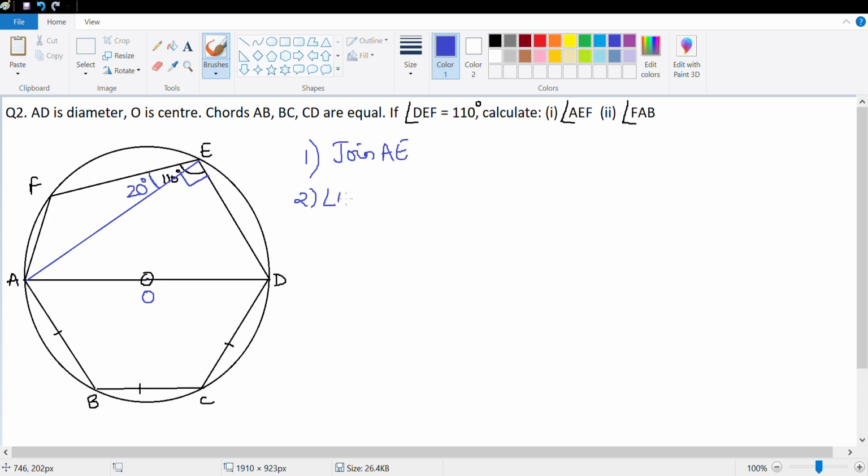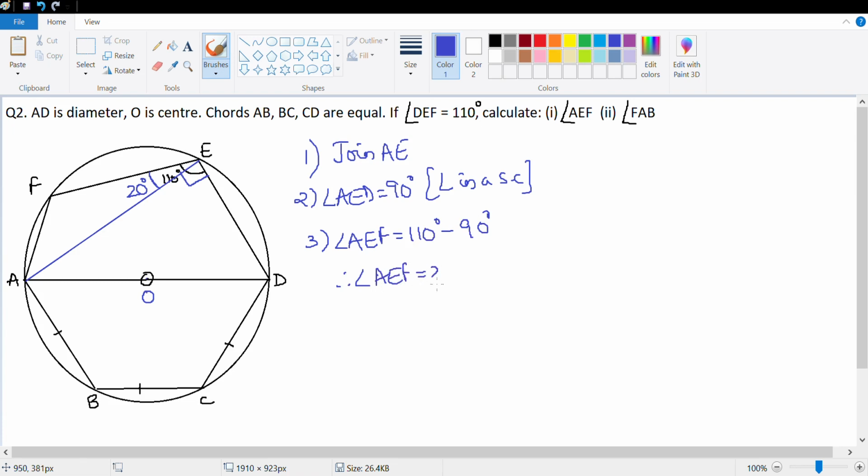Next, angle AED is equal to 90 degree, angle in a semicircle. Next, angle AEF is equal to 110 degree minus 90 degree, which means angle AEF is equal to 20 degree. So the first part of our question is done.